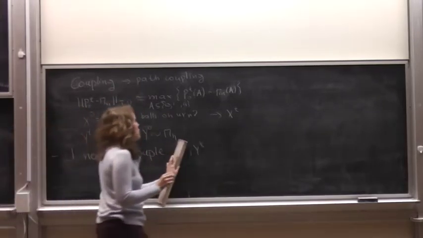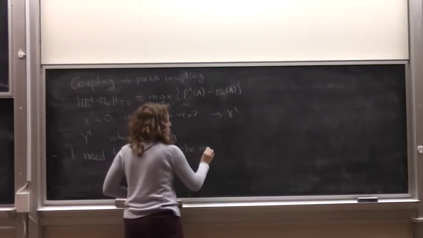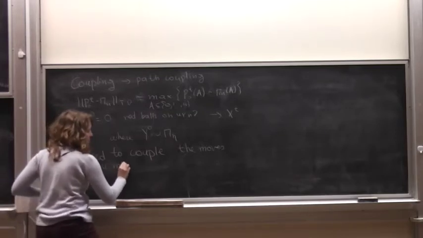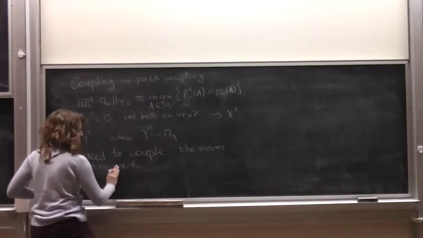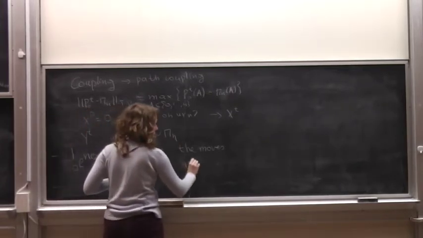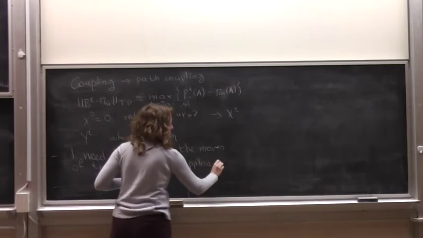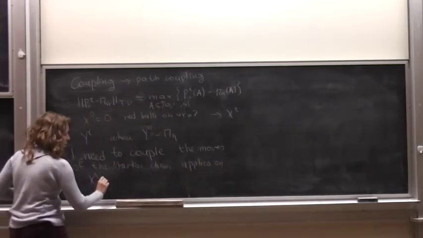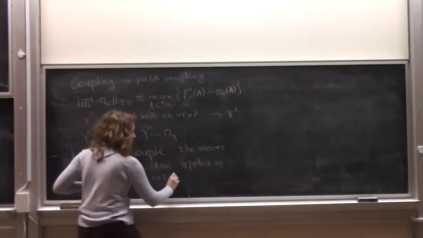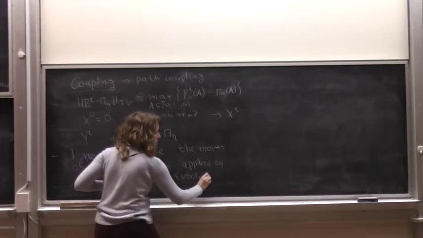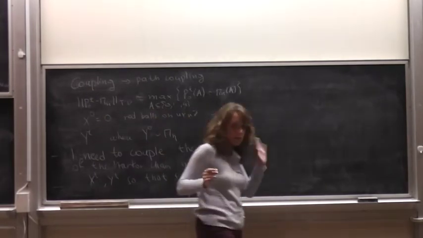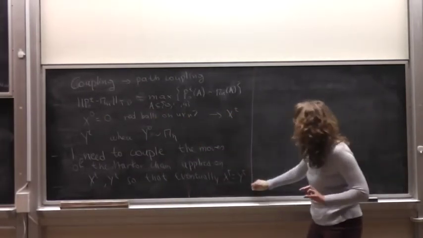So I need to couple the moves of the Markov chain applying on X_t, Y_t so that eventually X_t equals Y_t. I'll become way more specific once I talk about this problem and tell you how to do it.